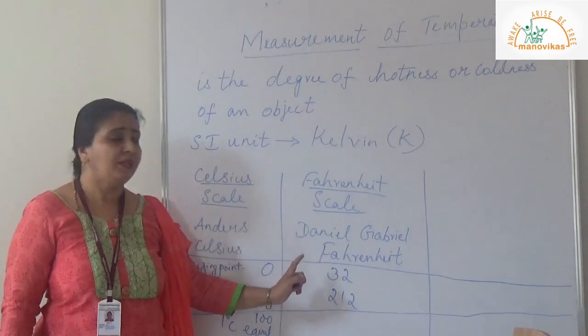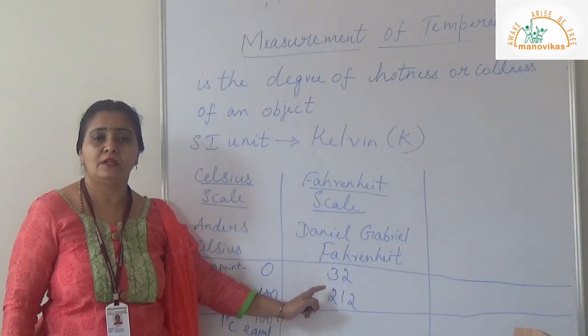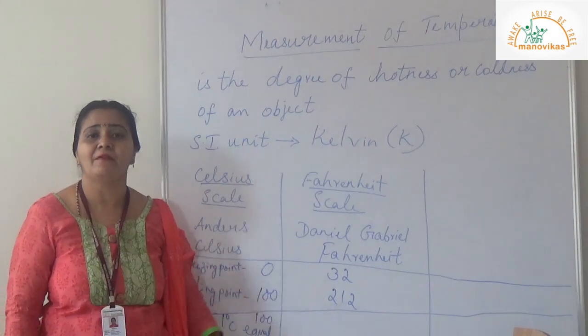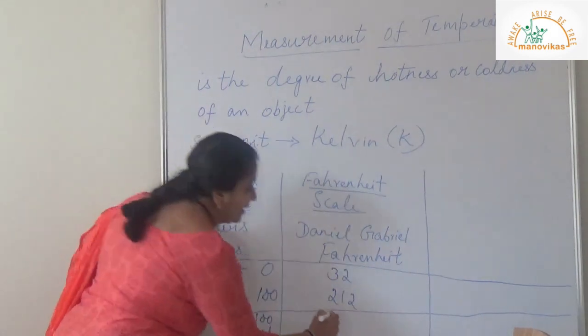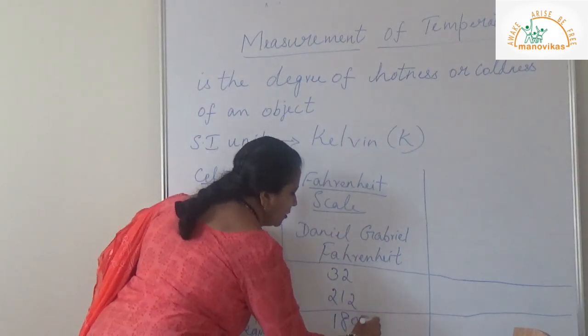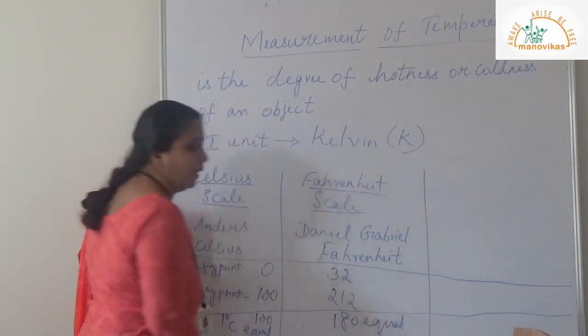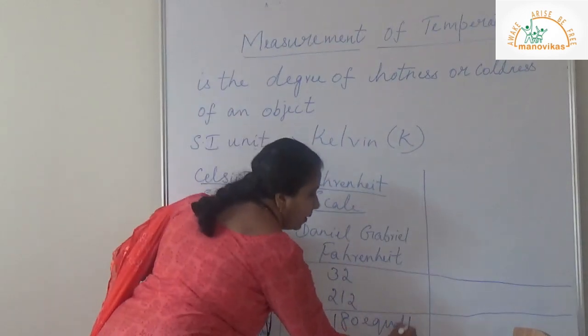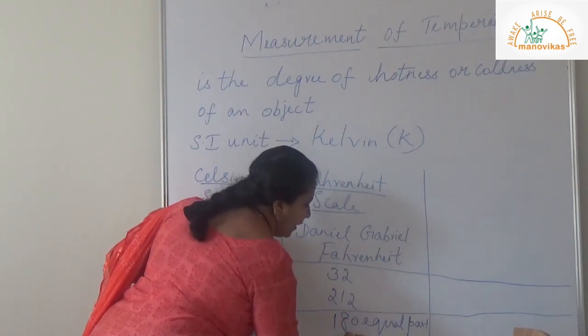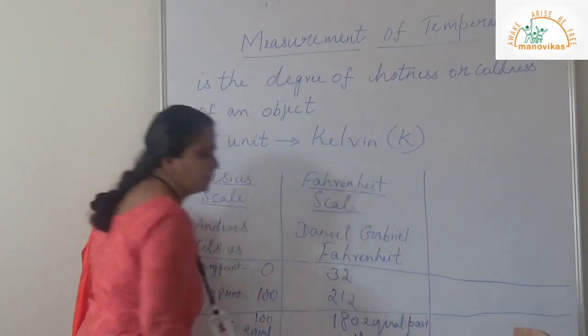The difference between these 2 points is divided into 180 equal parts. Each part is termed as 1 degree Fahrenheit.